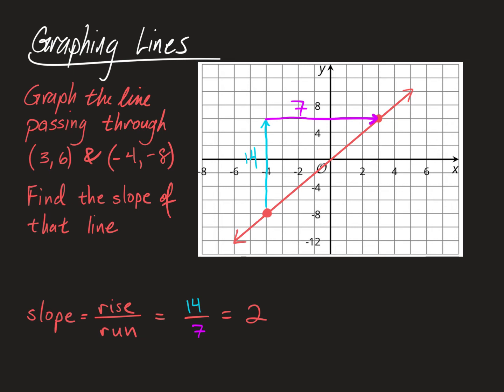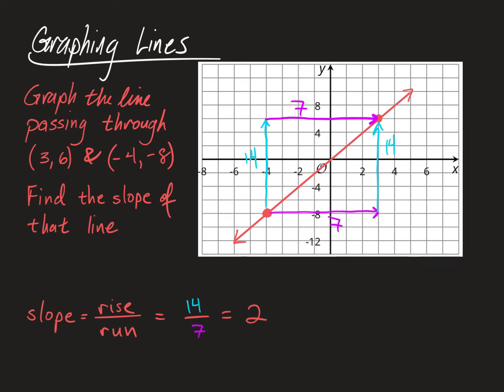But again, we could have run first if you want. You could run this way. It's still a run of 7, and then you could have risen up 14 to get there. That still doesn't change the order of the fraction over here. The rise was still 14, it still goes in the numerator. The run was still 7, it still goes in the denominator. And our slope still would have been 2.